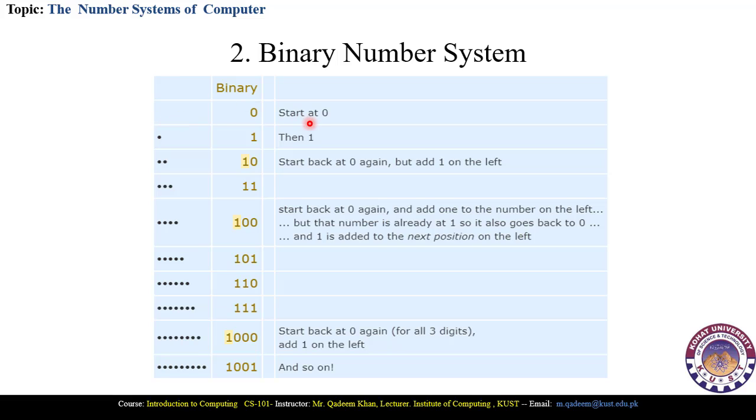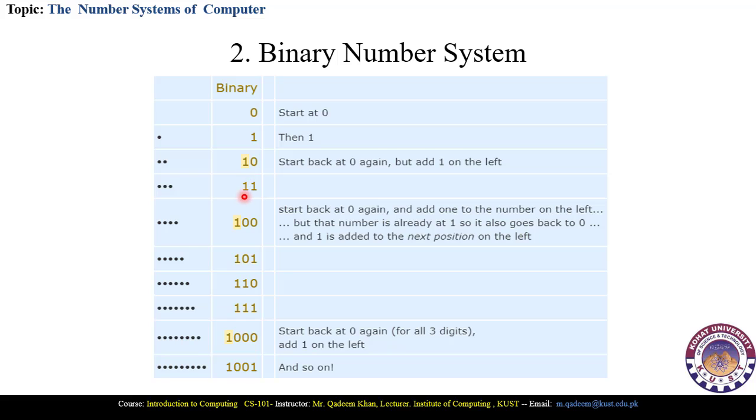It starts at zero, meaning nothing is available. When 1, just one item is available, so it is represented with 1. And when we put 1 0, in decimal it is not actual 10, it is 2. So it means 2 items. It starts back at 0 but adds 1 to the left.